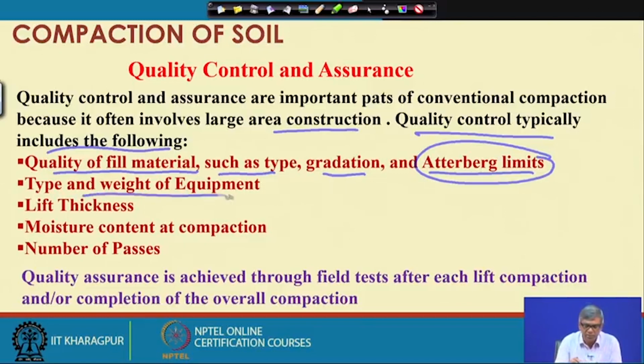Then the type and weight of equipment you have to see. Then lift thickness has to be seen, because it is recommended that every 250 millimeter lift thickness be used, but if it is 400 or 600 instead, then compaction will not be enough. Then moisture content at compaction is again very important to achieve the optimal dry density.